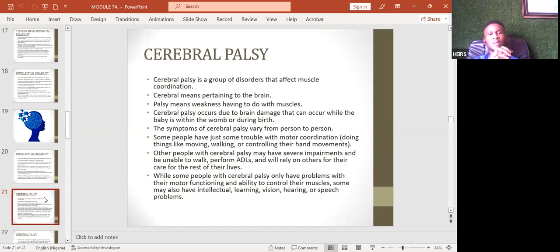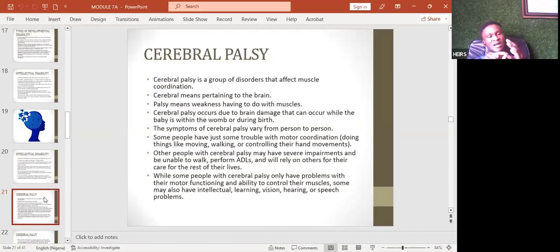Now, while some people with cerebral palsy only have problems with their motor function and ability to control their muscles, some of them may also have intellectual, learning, vision, hearing, or speech problems. We said something that when a person has a physical disability, they don't automatically have a cognitive or mental disability too.